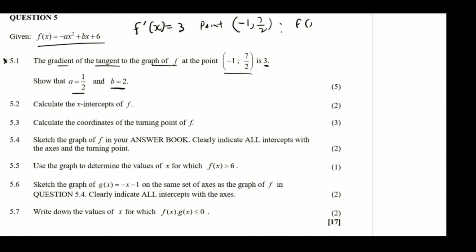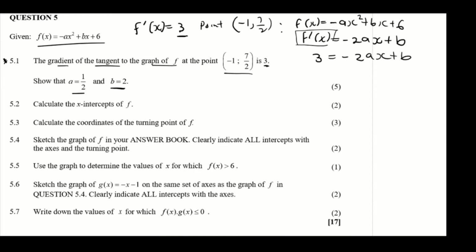So you have f of x equals -ax squared plus bx plus 6. Differentiating this, you get f prime of x equals -2ax plus b, but we know f prime of x is 3, so 3 equals -2ax plus b.